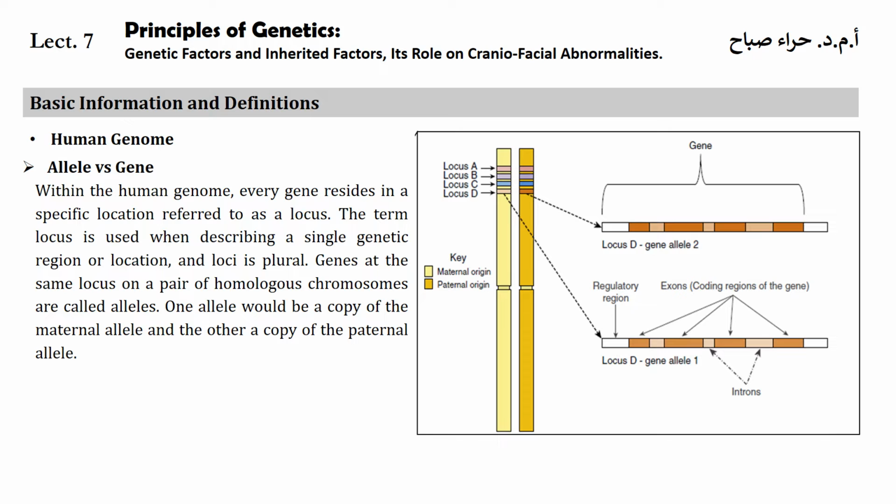One allele would be a copy of the maternal allele and the other a copy of the paternal allele. As we see here, this is the gene on locus A, and then locus D, and this is gene allele 2, and the corresponding one in the maternal origin is gene allele 2.